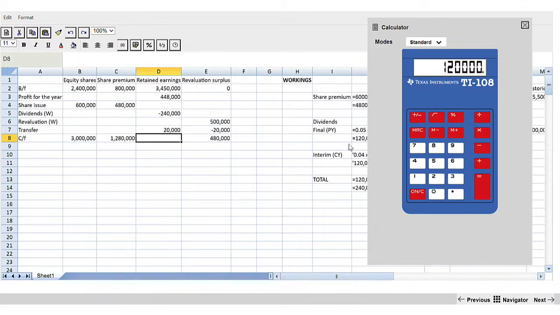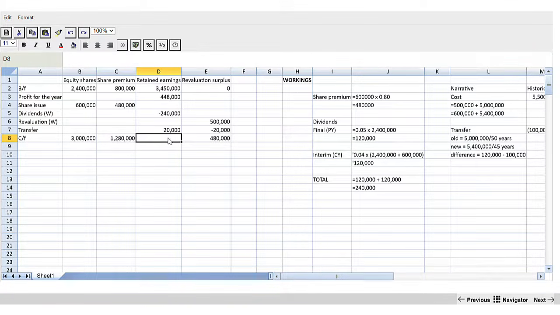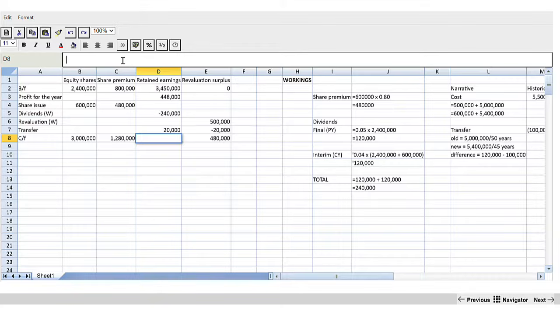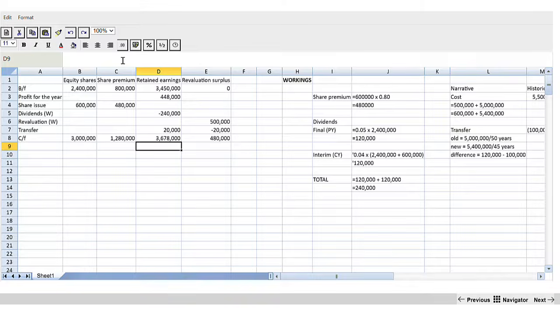Let's get the calculator on that one. 3450 plus 448 minus 240 plus 20 equals, is it 3678? Oh, careful. 3678, I think we had. There we go. Jobs are good.